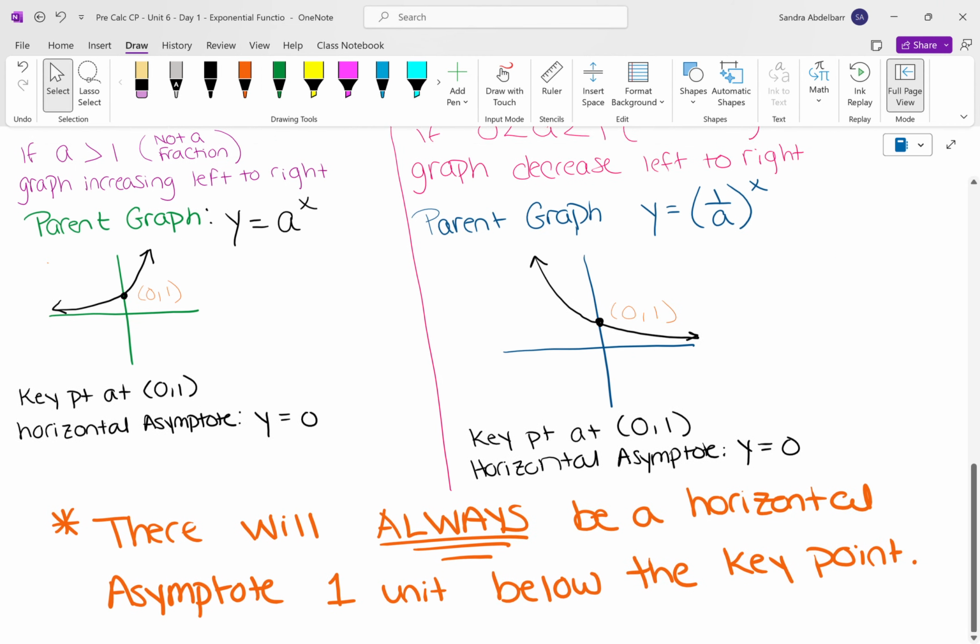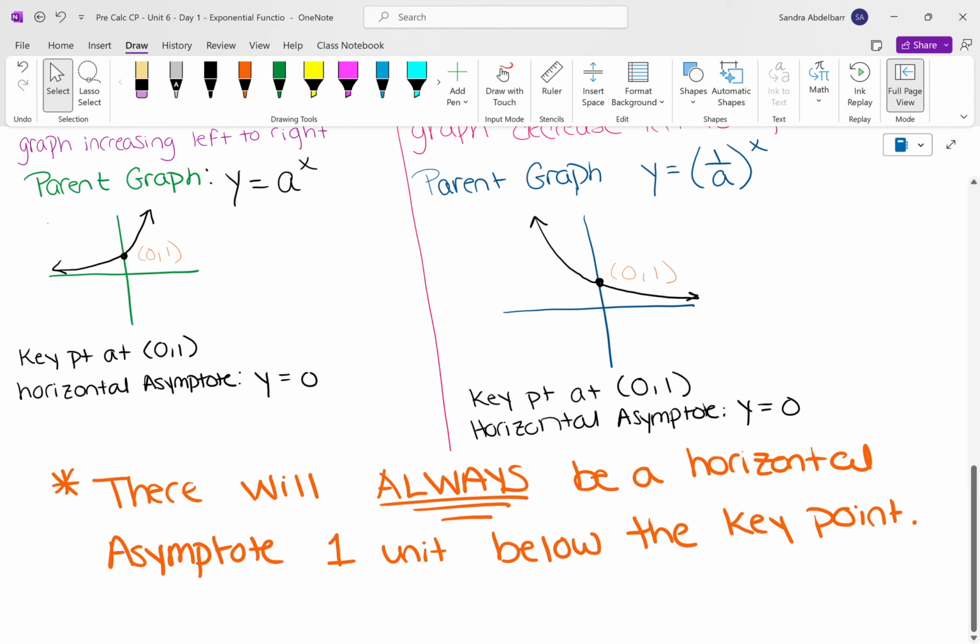Okay, now let's talk about shifting everything. Is anybody still copying this? Raise your hand.